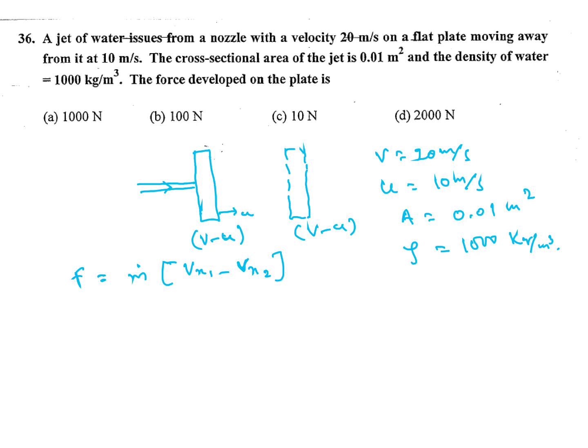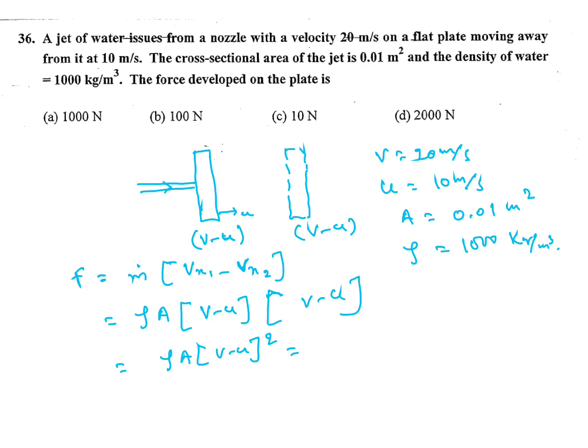So rho A into (V minus U), this is the jet striking velocity, into (V minus U). So we will get rho A (V minus U) square.